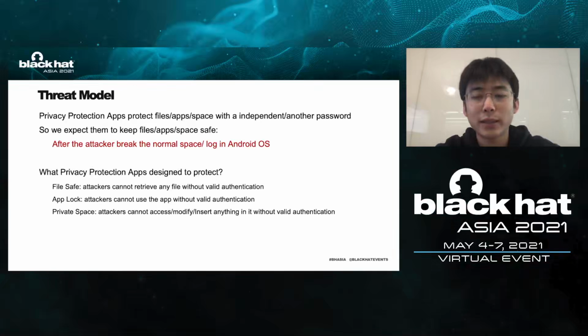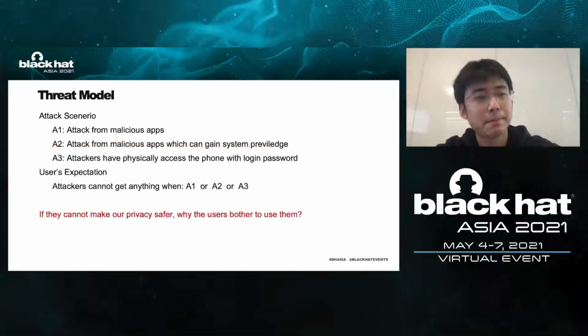What are privacy protection apps designed to protect? For FileSafe, attackers cannot retrieve and decrypt files without valid authentication. For AppLock, attackers cannot use the app without valid authentication. For Private Space, attackers cannot access or modify or insert anything in it without valid authentication.